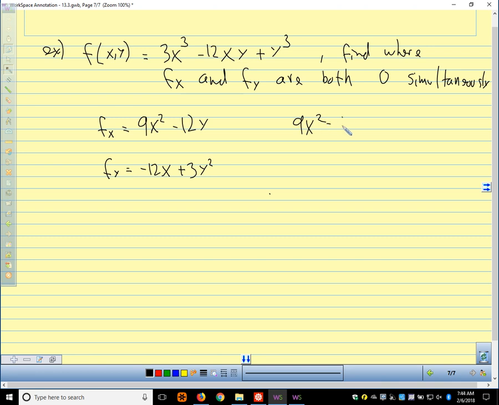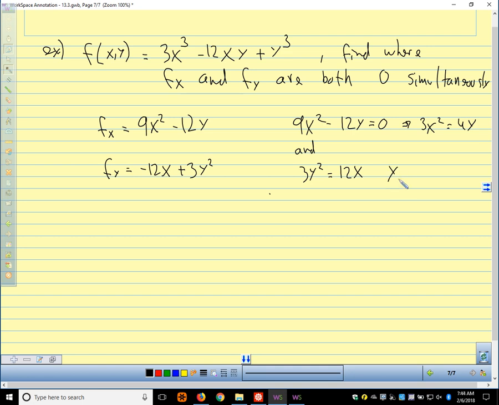9x squared minus 12y equals 0. I'm going to use substitution here. So we get 3x squared equals 4y. And from this one, I get 3y squared equals 12x.